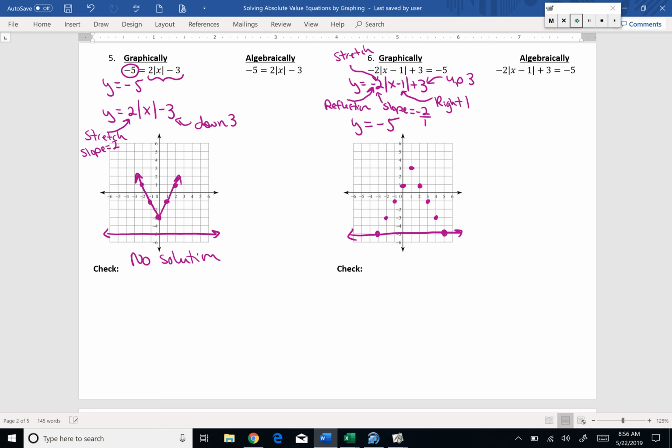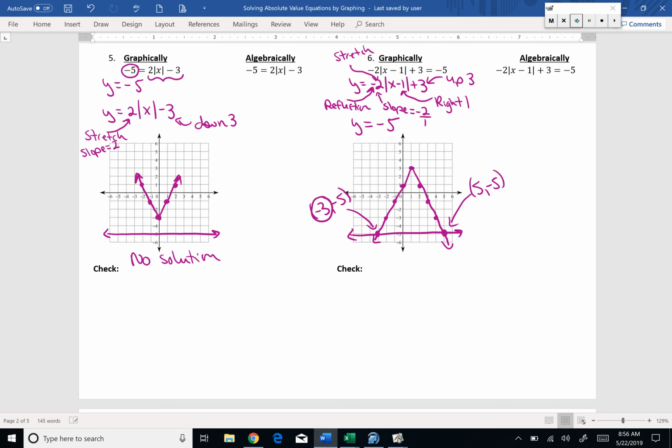There we go. What do we got? -3, -5, and we've got 5, -5.